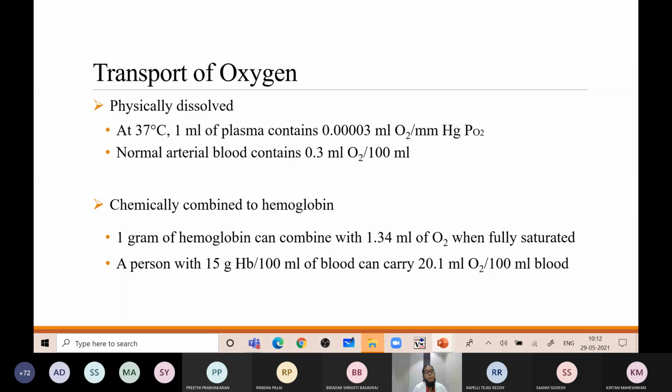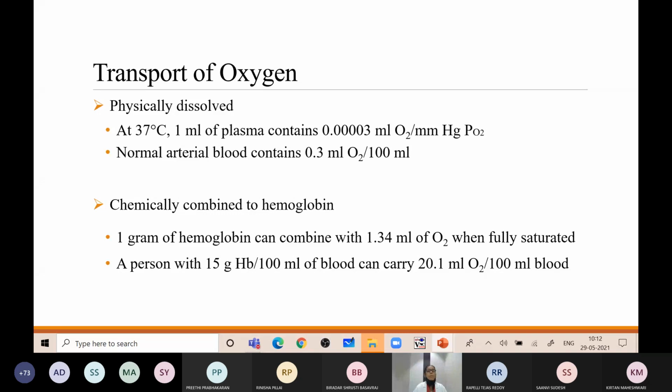Okay. Now, with that introduction, coming on to the transport of oxygen. Oxygen is transported in two forms. First is the physically dissolved form in plasma, and another one is chemically combined to hemoglobin.